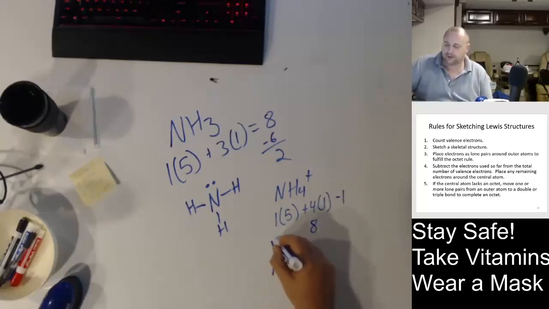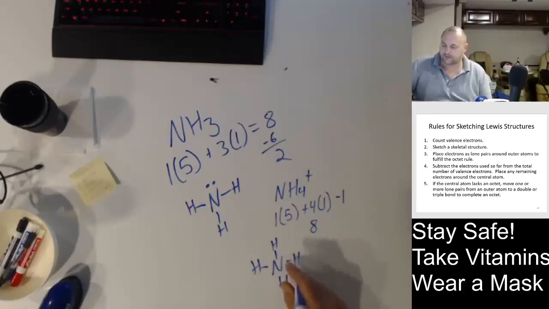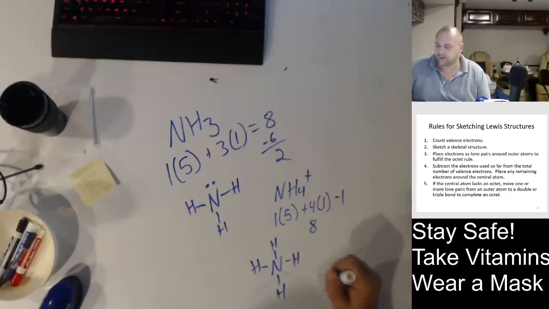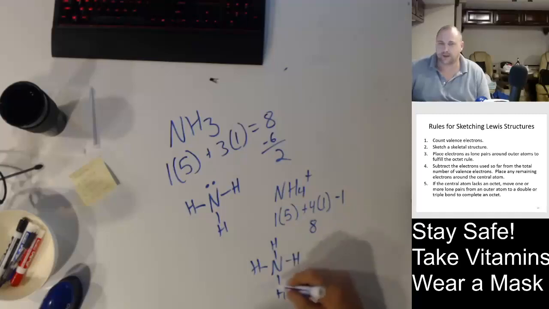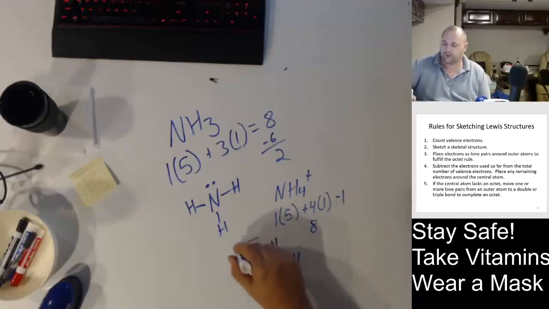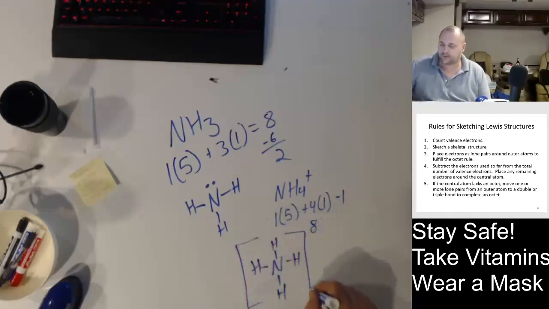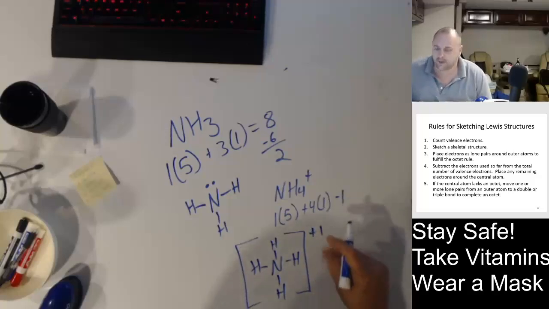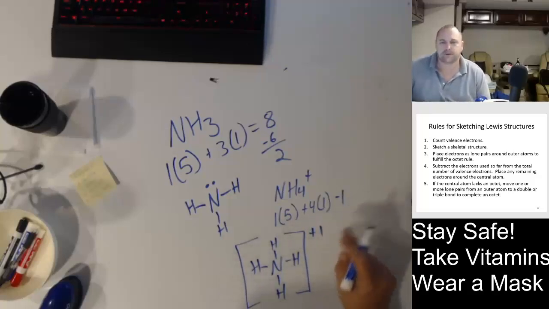Nitrogen in the middle, a hydrogen on each side of my box. Make that a little prettier. There we go. Okay. 2, 4, 6, 8. I've used all my electrons. Don't need any more on any of the hydrogens. The nitrogen doesn't need any more. It's got 8, so it's happy. Now this whole thing has a plus one charge, and so when I come over here, I should put a +1 charge. Or just a plus.